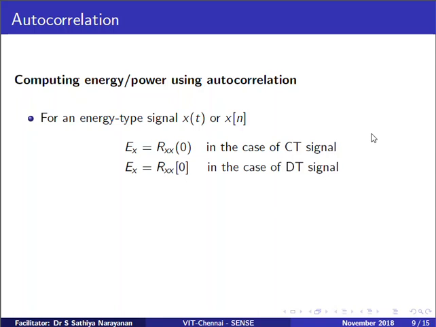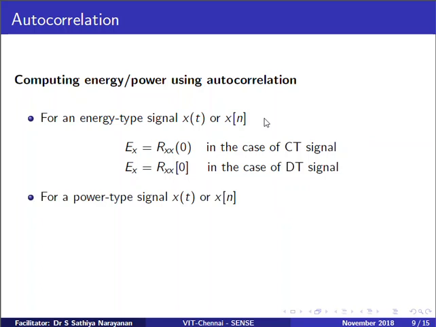For a continuous time signal x of t, if you have its autocorrelation rxx of tau in hand, then just substitute tau equal to 0. Therefore, you will get the energy of the signal. Similarly, in the case of discrete time signal x of n, the autocorrelation will be rxx of m, and substituting m equal to 0 will give the energy.